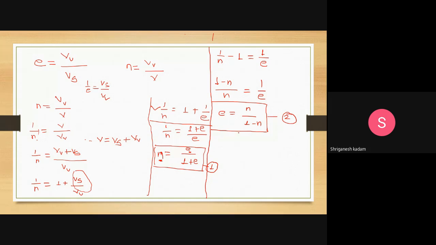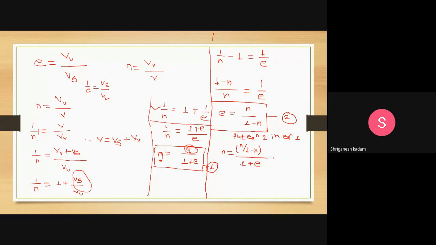Now I will put equation 2 in equation 1. So N equal to, instead of E, I will write N divided by 1 minus N. So this I have written instead of this E divided by 1 plus E.